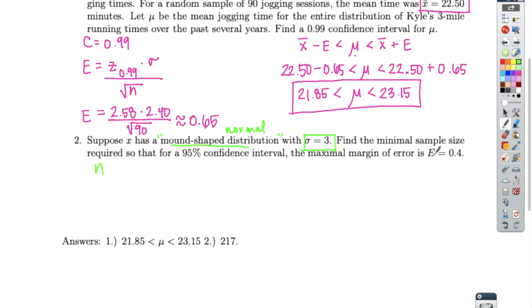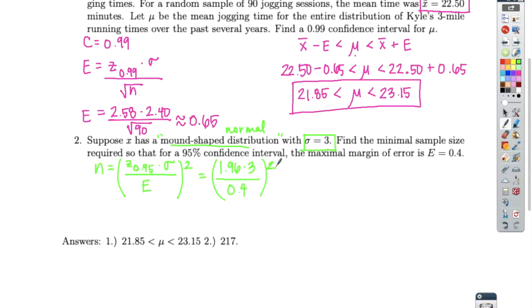Okay, so I'm going to use my formula for n, which was Z sub c. Actually, I'm going to go ahead and plug in this 0.95. So I'll say 0.95 here times sigma over E, and that entire thing squared. Now, my 95% critical value from the table is 1.96. Sigma from the problem is 3. E from the problem is 0.4.